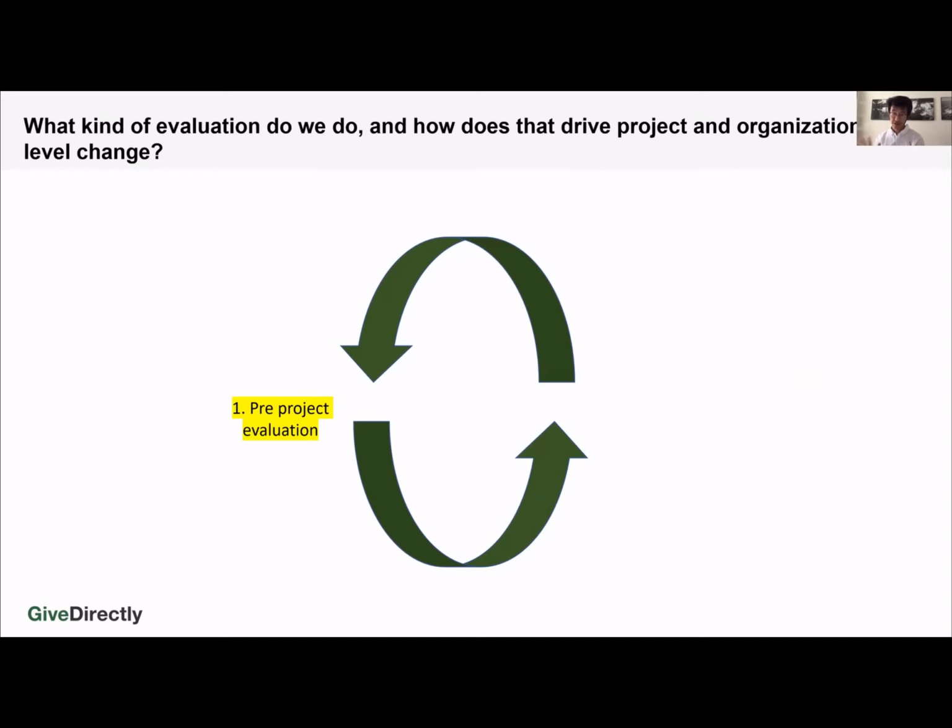Now that I've given a bit of context about the organization and what we do, let's talk specifically about evaluation. I'm going to touch on a couple of different types of evaluation today and how it leads into this circle of starting with pre-project evaluation, trying to understand if your designs and your hypotheses for what you're trying to do make sense.